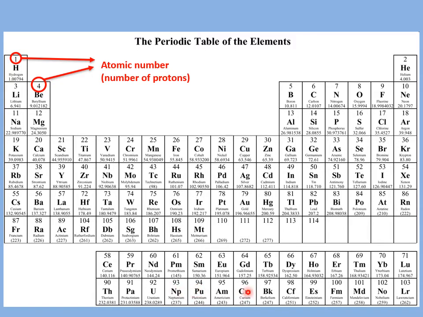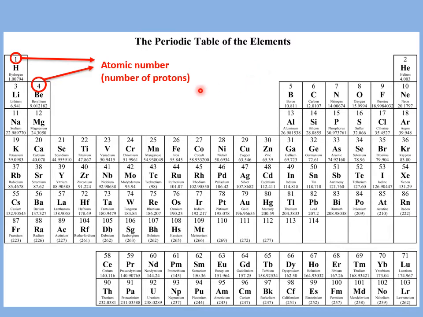So these elements down here that come after uranium are called the transuranic elements, and they are typically manufactured. They're man-made elements. But the key thing here is that all of the matter on Earth is made of these elements that are on this periodic table.